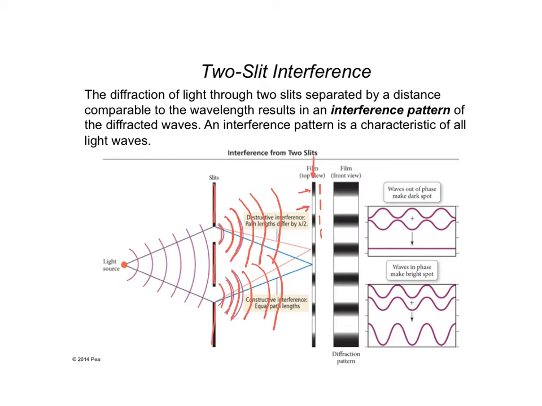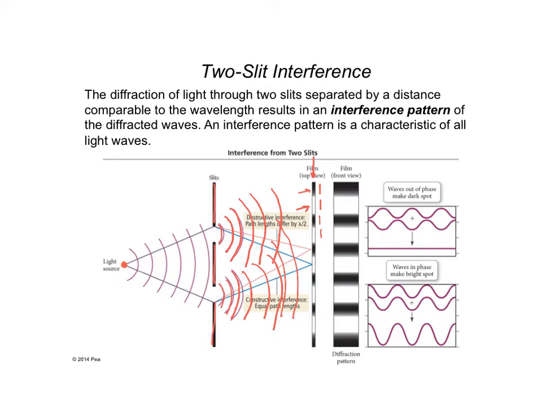So as they come through, we're going to get overall this little interference pattern of light and dark because, again, of their various abilities to constructively and destructively interfere with one another, okay?